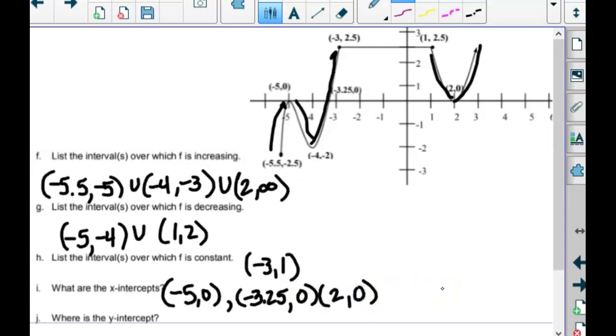Can we figure out the y-intercept? What's the y value staying at right there? 2.5. Can I go on?